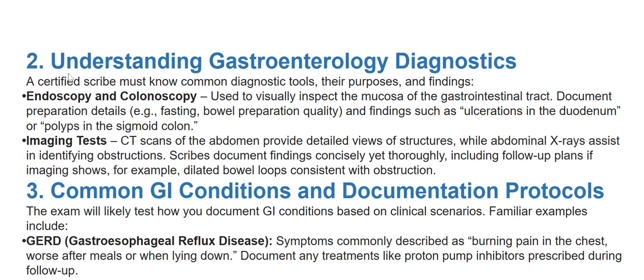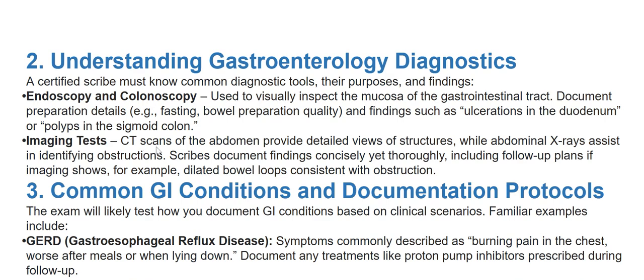Understanding gastroenterology diagnostics: a certified scribe must know common diagnostic tools, their purposes, and findings. Endoscopy and colonoscopy are used to visually inspect the mucosa of the gastrointestinal (GI) tract. Document preparation details, for example, fasting and bowel preparation quality, and findings such as ulcerations in the duodenum or polyps in the sigmoid colon.